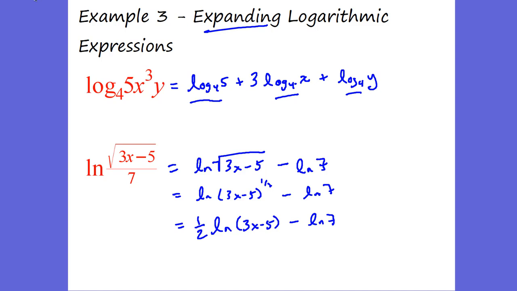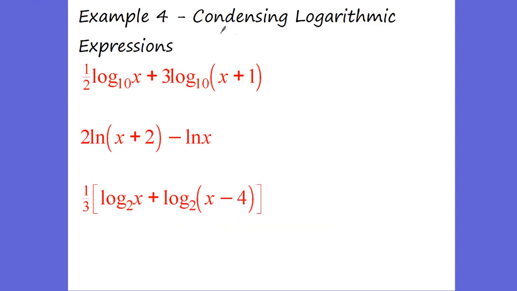That is going to stay just as 1/2 of natural log of 3x minus 5 minus natural log of 7. Now, if we can expand, we can also do what's called condensing. How I like to condense is I like to see what my common term is. You can see log base 10 is the common term, so log base 10. And we're going to combine these together. So let's take a look at the first one.